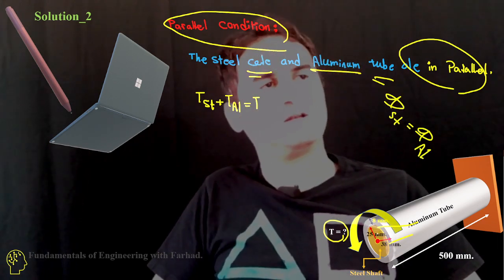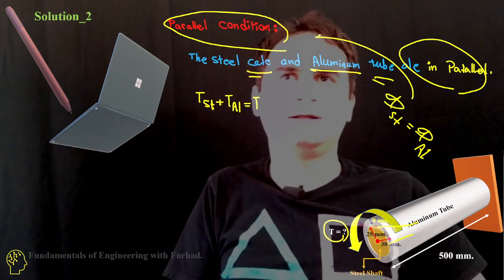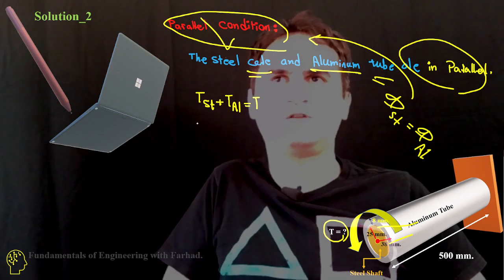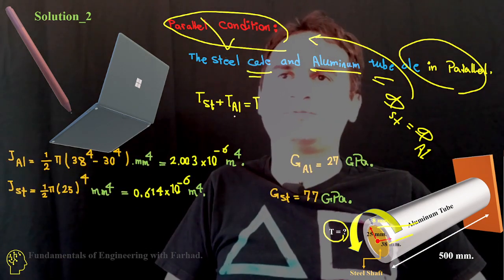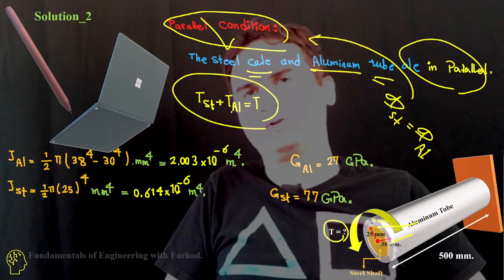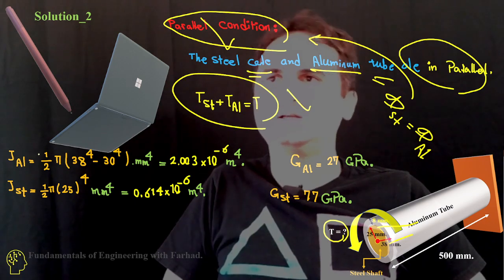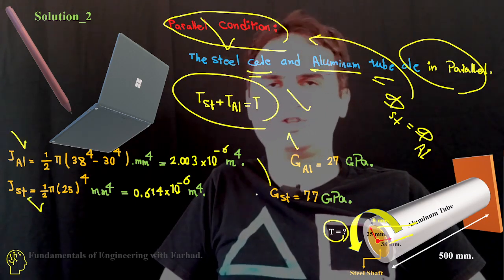It means the displacements of both of them are equal, and equal delta is the parallel condition. At the same time, torsion of steel plus torsion of aluminum equals total T. We have to calculate J again, and we are provided with G, the shear modulus.